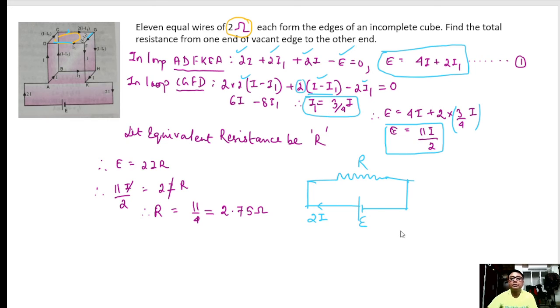So we can write E equal to 2I into R. But E is 11I by 2. So using this, R equal to 11 by 4, which is 2.75 ohms. Clear?